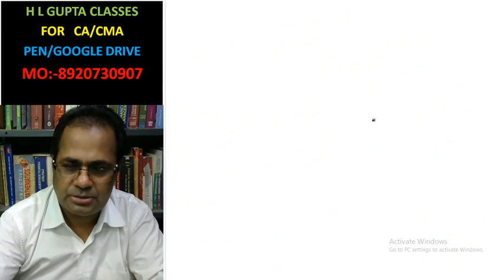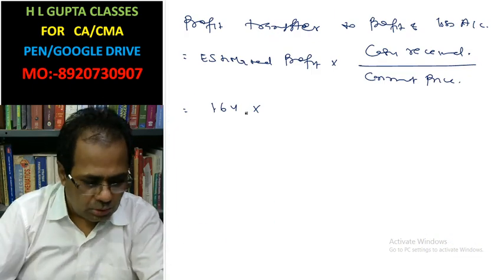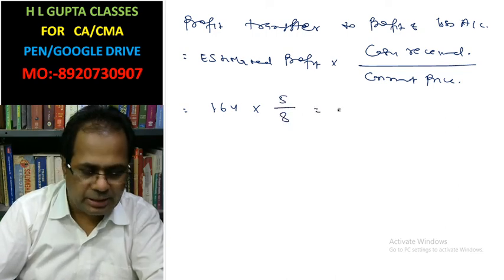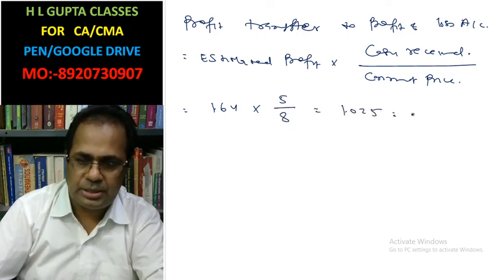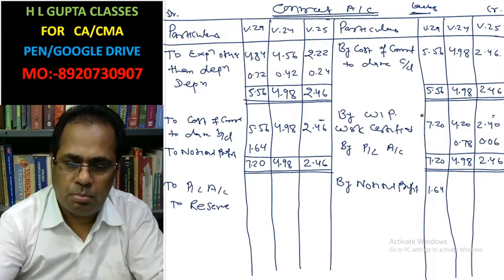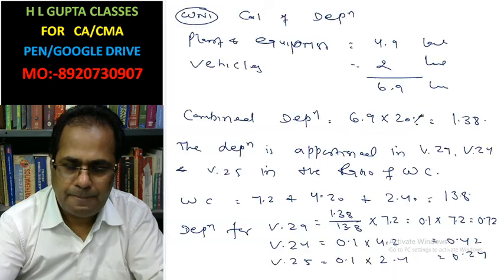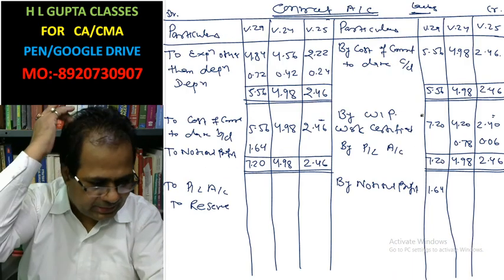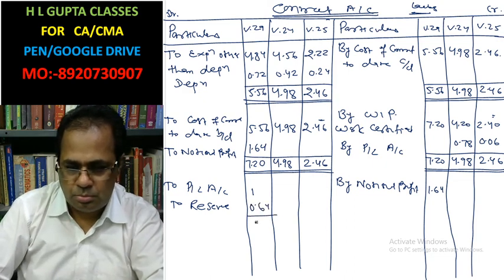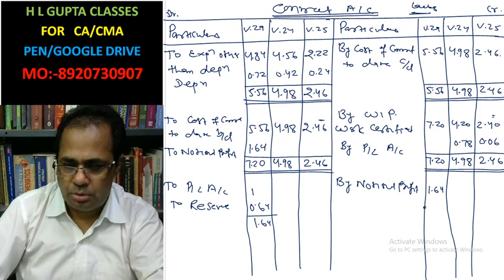So 5 divided by 8, into 1.64, gives about 1.025, which is approximately 1.